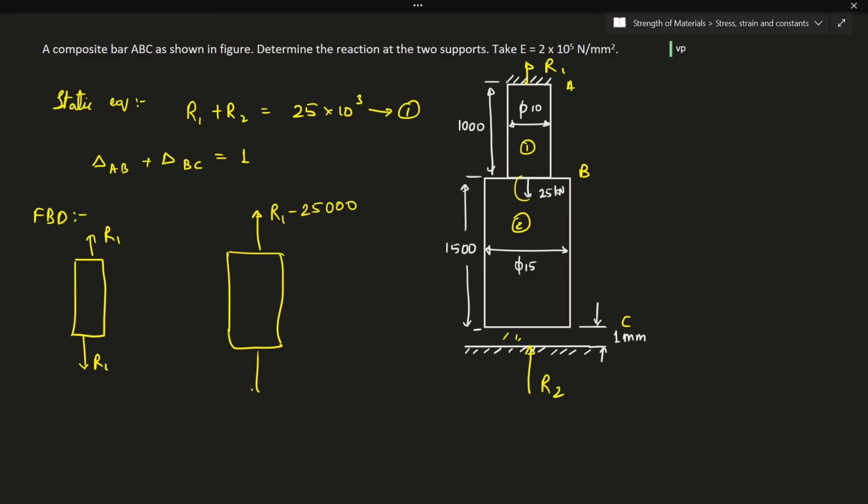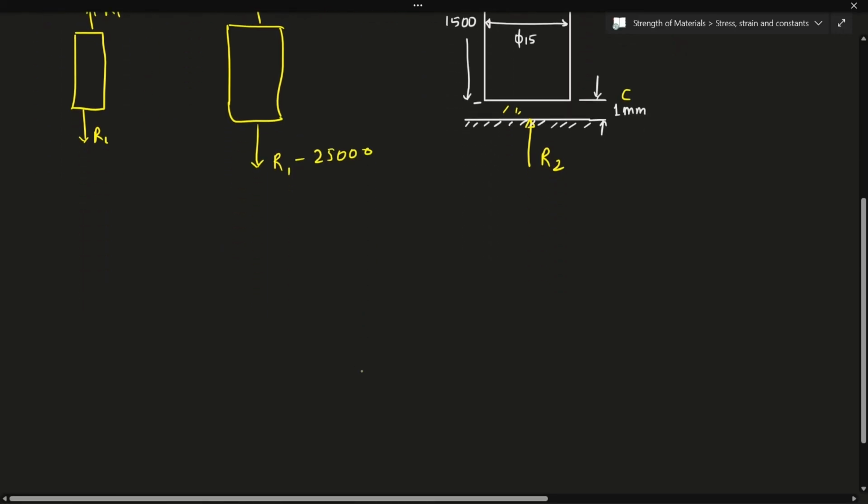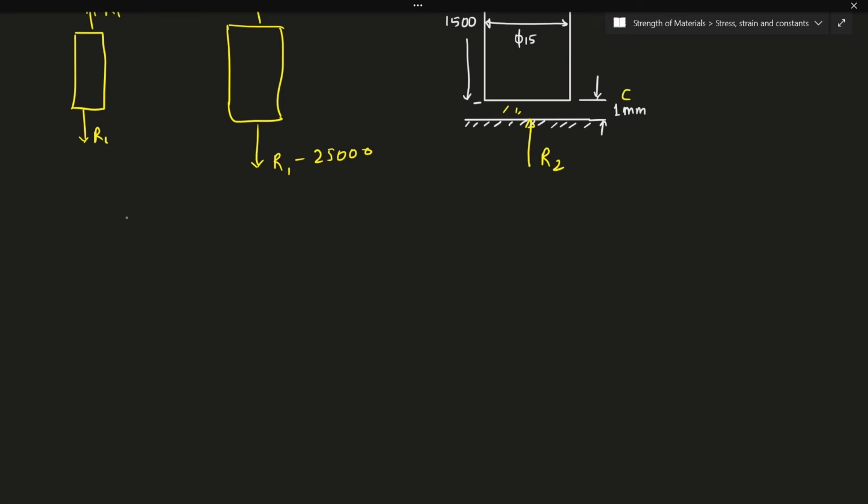I'll also consider the kilonewton here, right? So R1 minus 25,000. So if I substitute the delta values, I'll have R1 into L1 divided by A1 into E plus R1 minus 25,000 into L2 divided by A2 into E2.